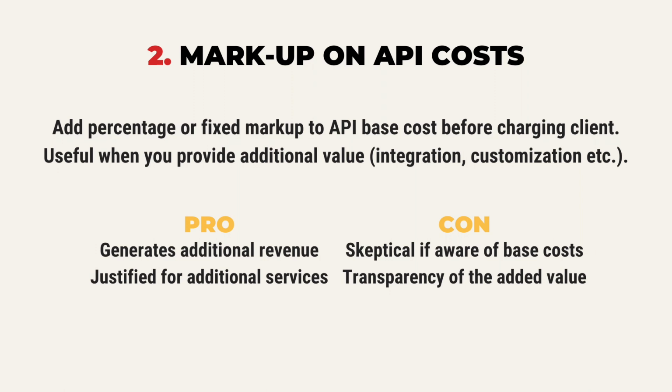The pros are that you generate additional revenue on top of the costs, which can be justified as covering additional services and support. The downside, however, is that clients may question the markup if they are aware of the base costs, and it requires transparency and justification of that added value.